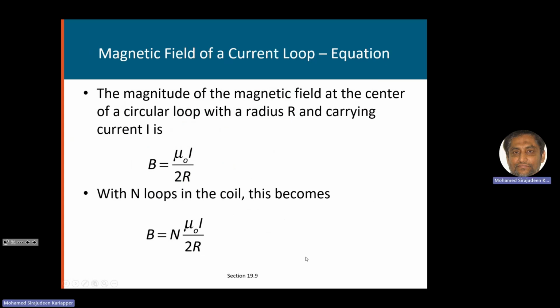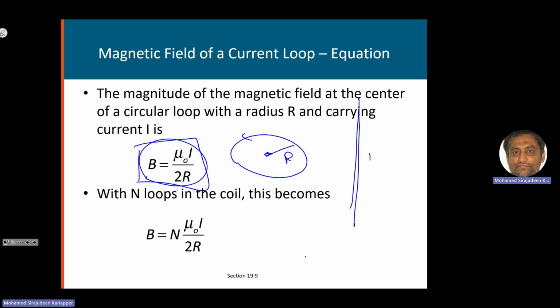And I will write it without proof. If you have a current loop, which is a circle with a radius r, the magnetic field at the center is given by this equation. Now, don't confuse this with the other equation we had for a straight wire. For the straight wire, it is mu0 I over 2 pi r.